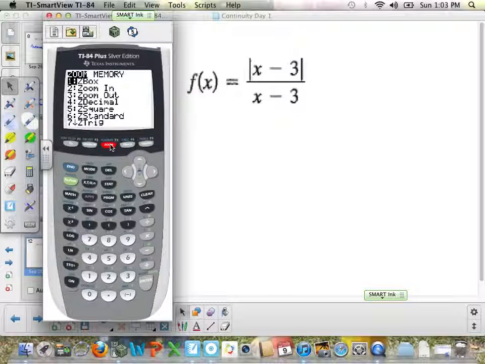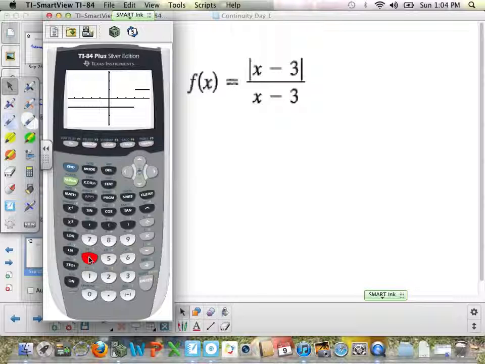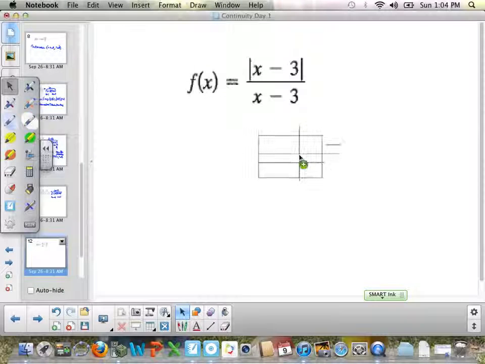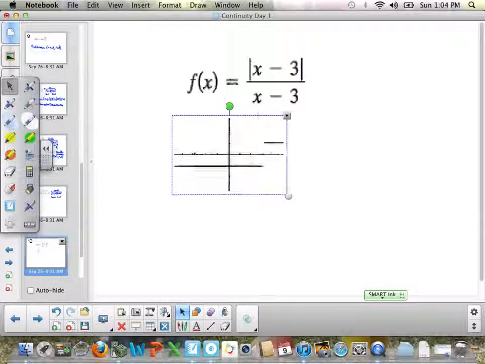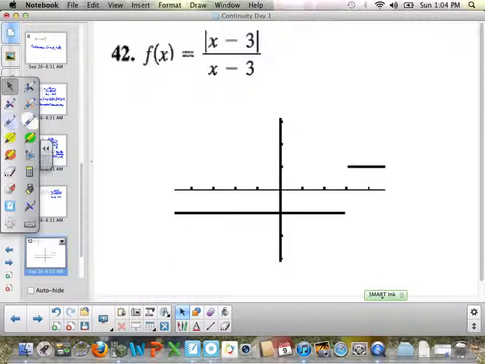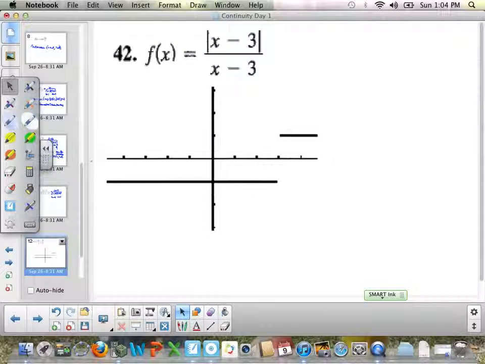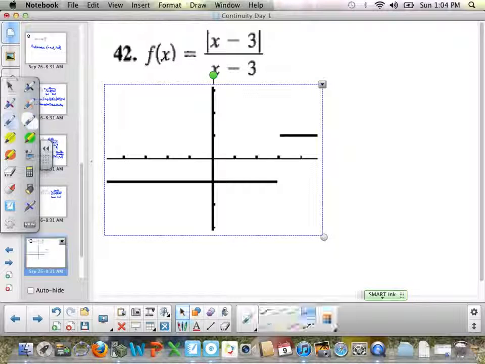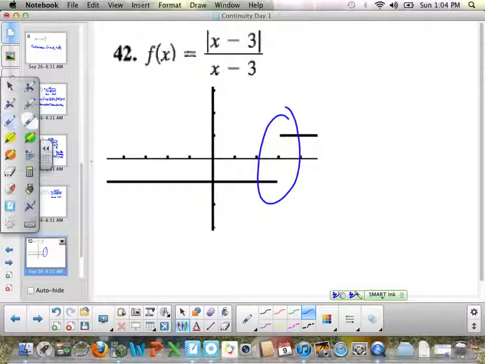And then if we zoom to a standard or a decimal window is the best way to look at it. All right. Take a look at that. You can see there is a discontinuity right here. Because the flow is interrupted, and you can see it's non-removable because the limit does not exist.